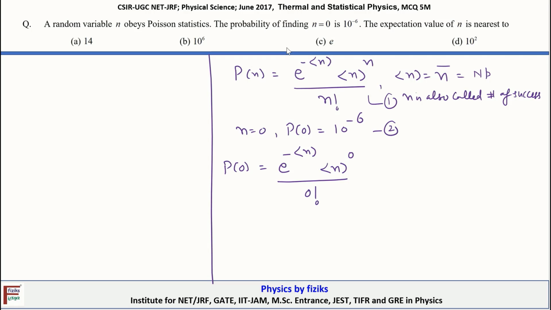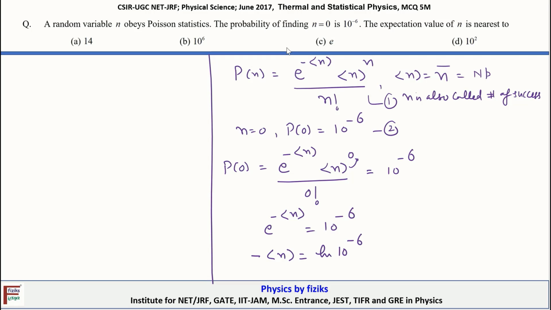0 factorial gives us unity, and n power 0 also gives us unity. So this is equal to 10 power minus 6. Therefore e power minus n is equal to 10 power minus 6. Taking the logarithm on both sides, we obtain minus expectation value of n equal to ln 10 power minus 6.